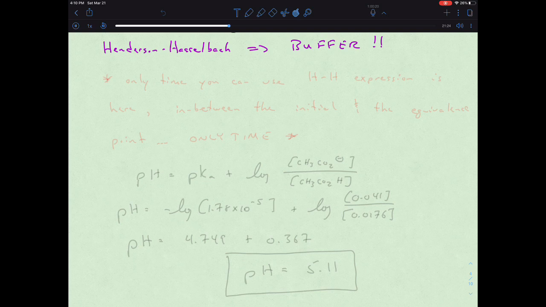During the titration, it's not as easy to recognize it's a buffer because that type of language is never present within the question. So students often get off key on the titration style question and like to use the Henderson in every single piece. Realize that there's only one portion of the titration question that you can use the Henderson-Hasselbalch, and that is right here.